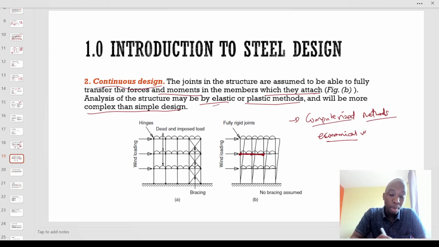You have to design by elastic or plastic methods, which is more complex than simple design, because simple design uses an assumption that might not be the case at all times, that the joint does not transfer moments to the members. I just come to think of it, and I think it actually transfers. But we'll see how that will be.